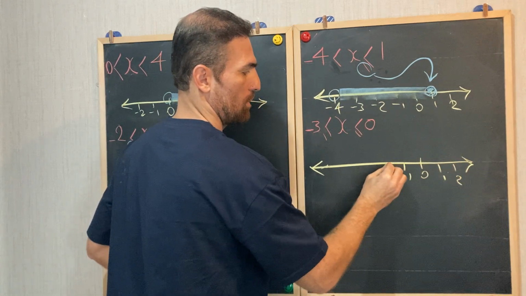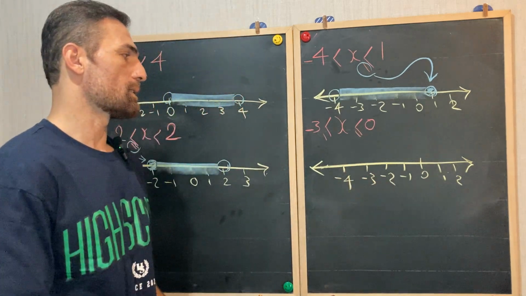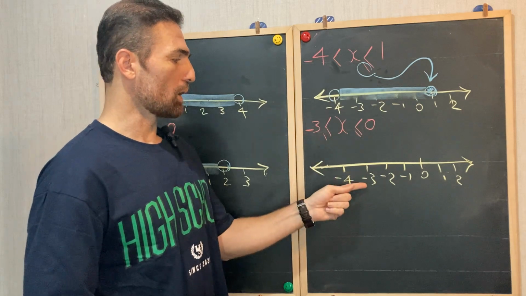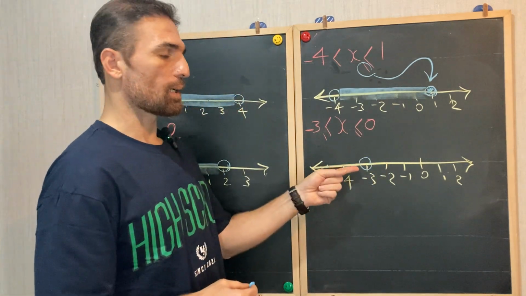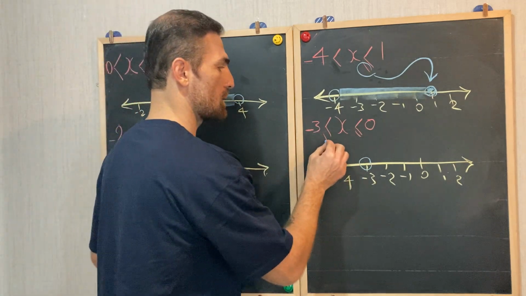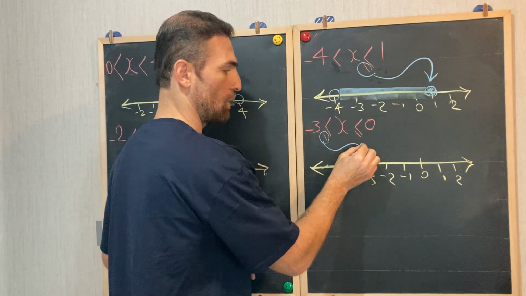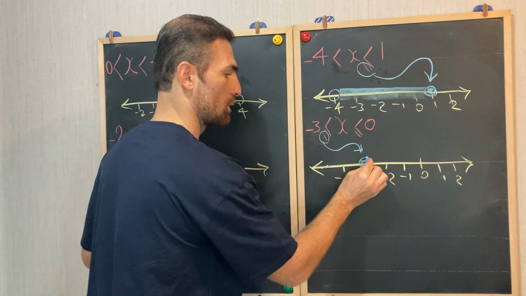First one, it says x is greater than or equal to -3. Find -3. You have a circle above -3. This circle must be a filled circle or open circle. It says x is greater than or equal to. That is why we need to shade this circle.